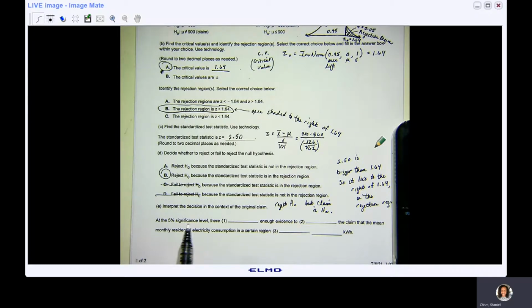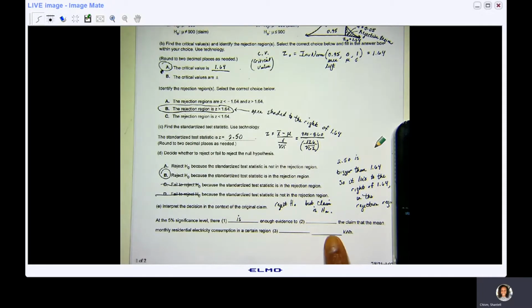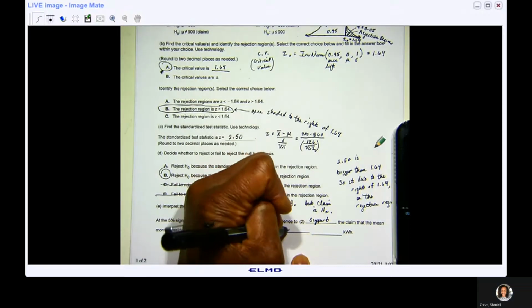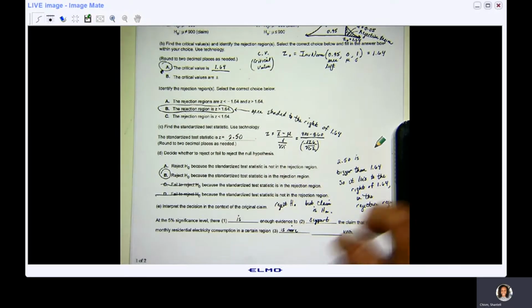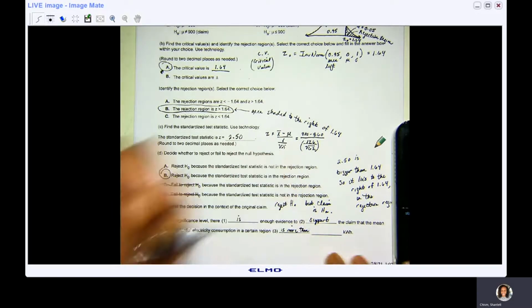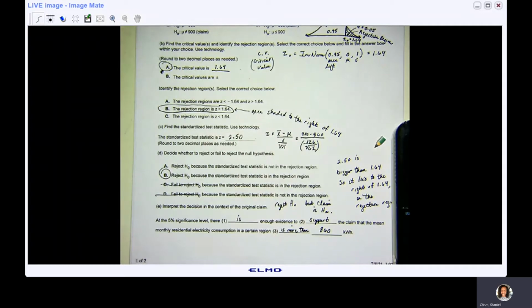So at the 5% significance level, there is enough evidence to support the claim that the mean monthly residential electricity consumption in a certain region is more than, and these would be fill in the blanks. These would be pop-downs that you actually choose from, except for right here, where you actually type 860 because that's the claim value.